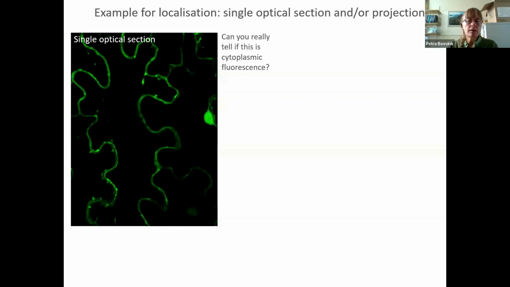If you know what you're looking at, you could hazard a guess that this is probably cytoplasmic. If it's a small protein, then it can freely diffuse through the nuclear pore. And so you can see the nucleoplasm, which is pretty much continuous where the cytoplasm is labeled. And you can sort of look at the edges and go, well, it might be cytoplasmic. But you can't really tell.